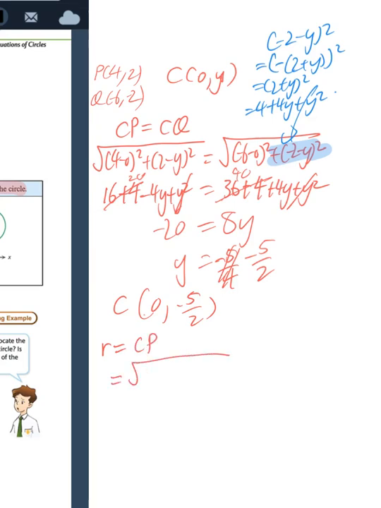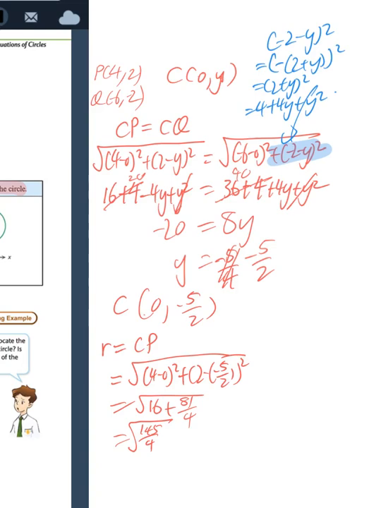Under the definition, (4 minus 0) squared plus (2 minus -5/2) squared, and then take the square root, which is 16 plus 81/4, that is 145/4. Take the square root.